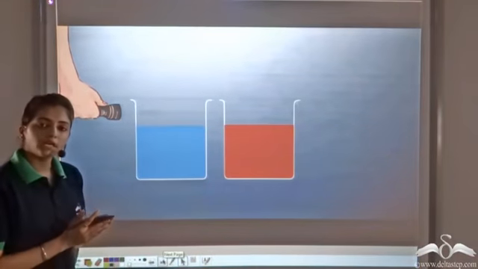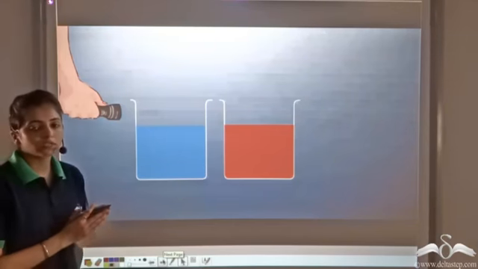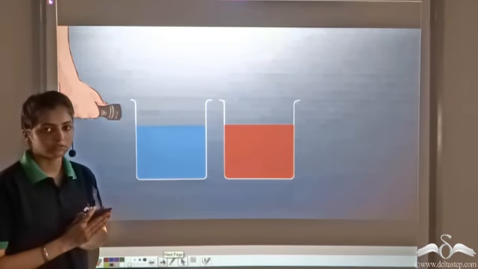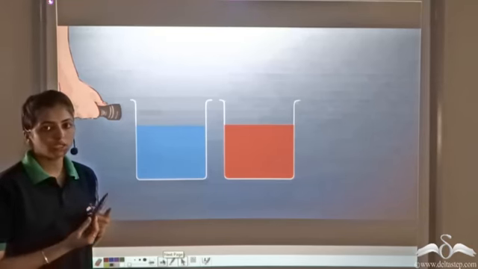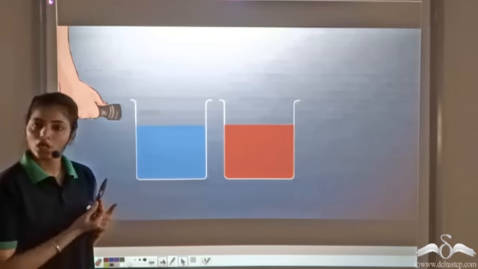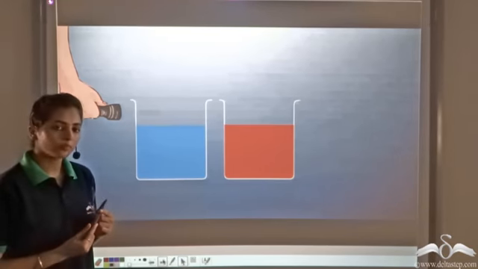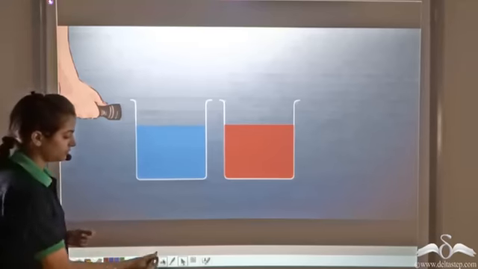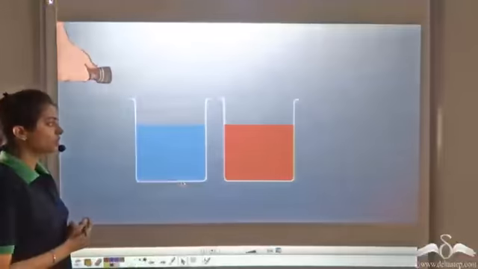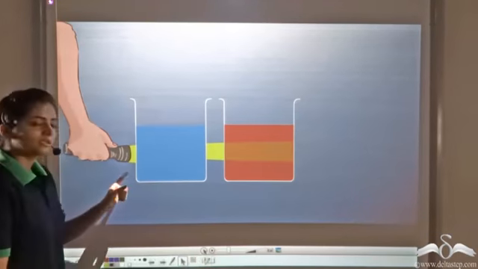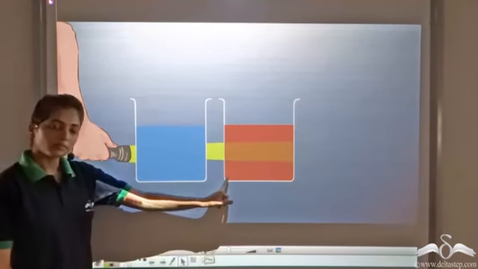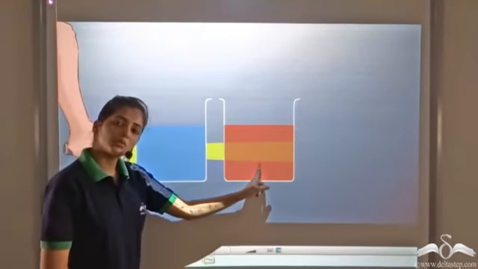How does this Tyndall effect help in distinguishing a true solution from a colloidal solution? Say we have two beakers, one of them contains a true solution and one a colloidal solution. How can we distinguish the two? We bring a torch. As we switch on the torch, you see that in one of the beakers, the path of the light rays becomes visible.